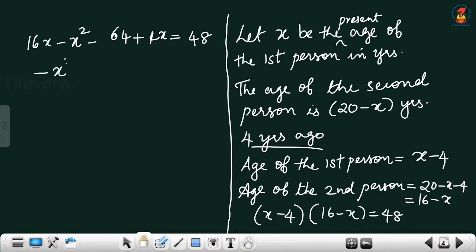So, what you are getting is minus x square plus 20x minus 112 equal to 0.